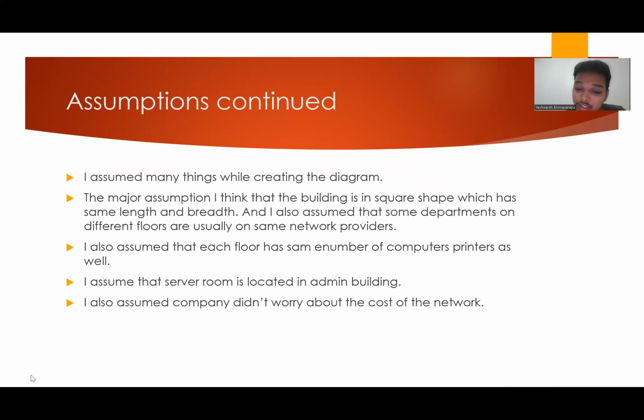Secondly, I assume that each floor has the same number of computers and printers as well. I also assume that the floors with IT service, help desk, and the admin departments will generate more traffic than others. These are some of the assumptions I made while designing the network for this assignment.